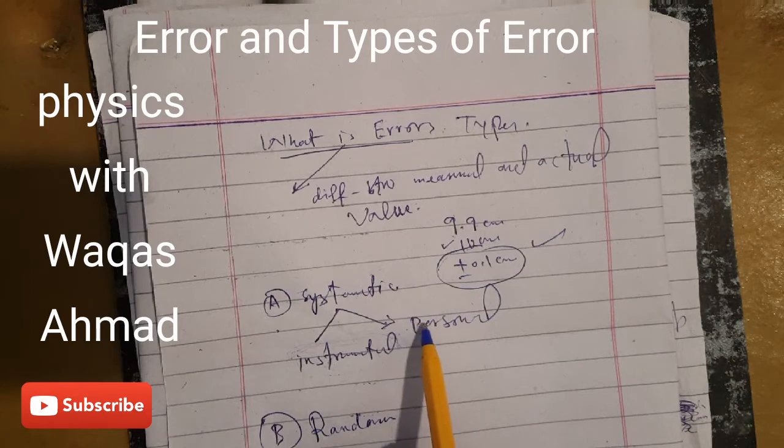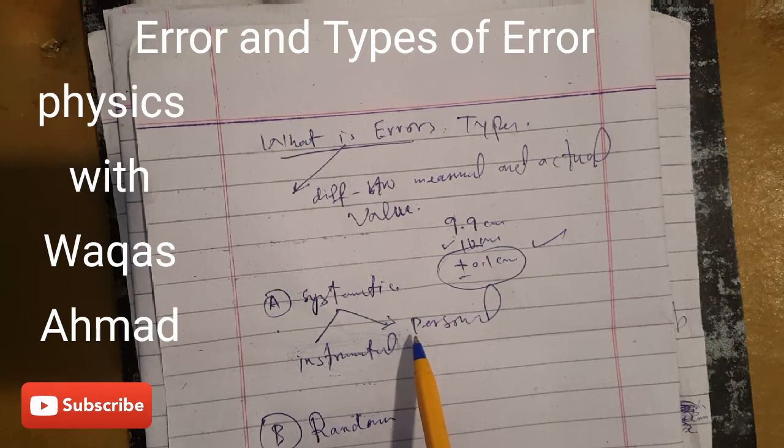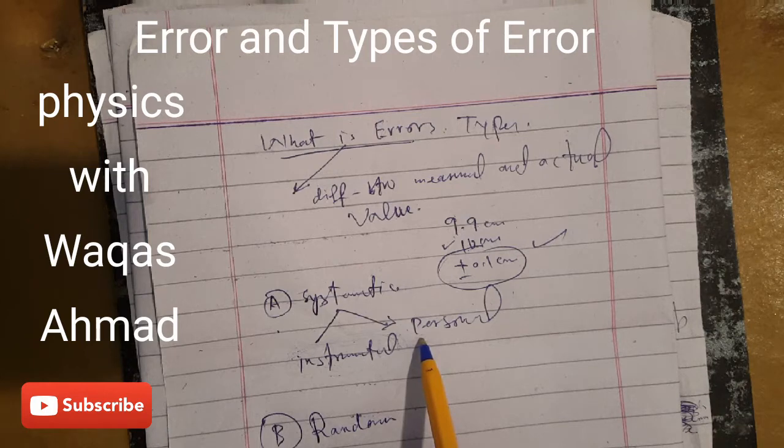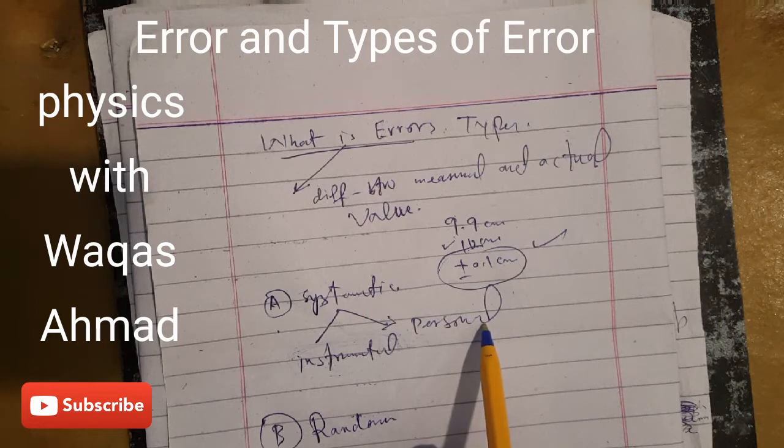Now the error may also be personal. What is personal error? Personal error arises due to the individual person. Means, for example, if a particular person possesses improper knowledge or he doesn't have capability to do a particular experiment because of his inexperience or lack of knowledge, then error arises because of that person.